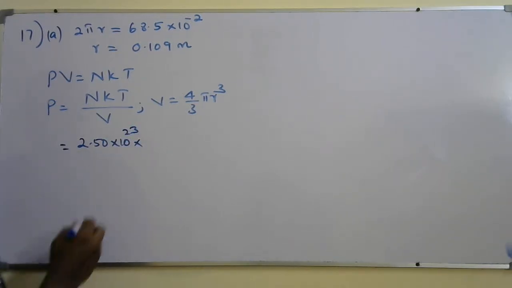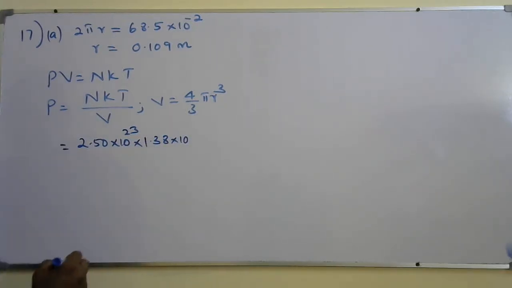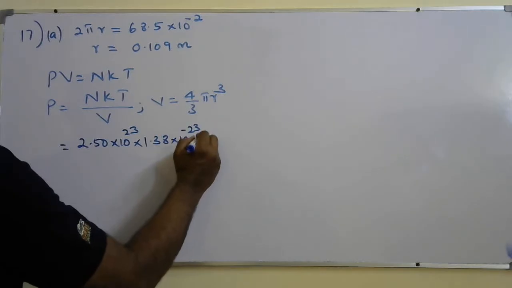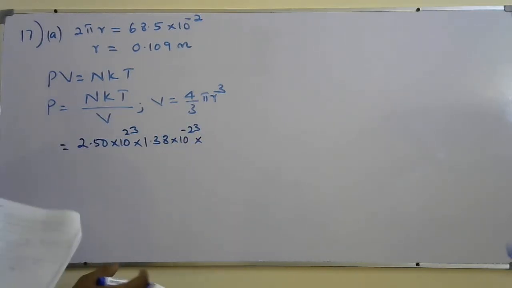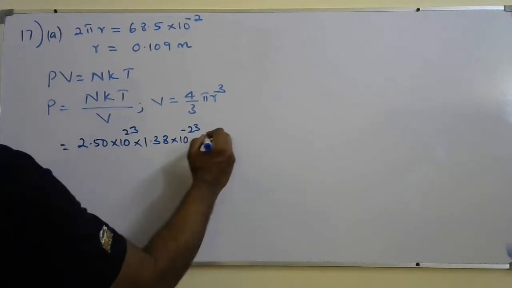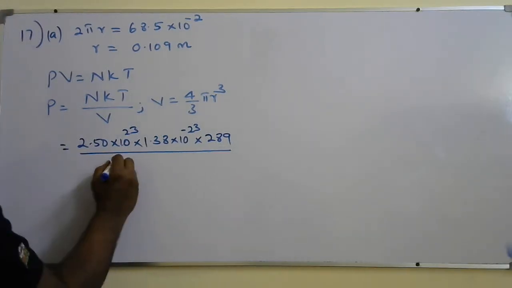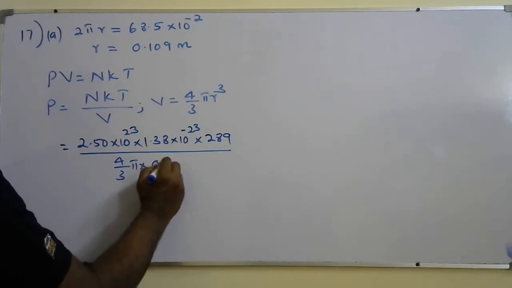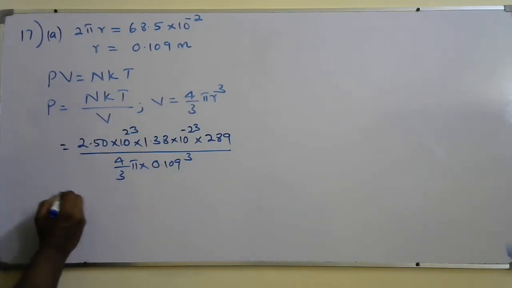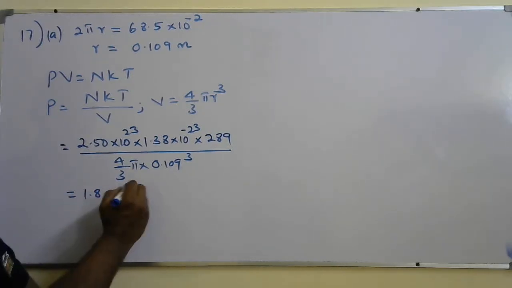We know k, the Boltzmann constant, 1.38 times 10 to the power minus 23. Temperature is given as 16 degrees Celsius, convert to Kelvin, 273 plus 16, that is 289 Kelvin, over volume 4 by 3 pi times 0.109 cubed. Find P. So the pressure is going to be 1.84 times 10 to the power 5 Pascal.